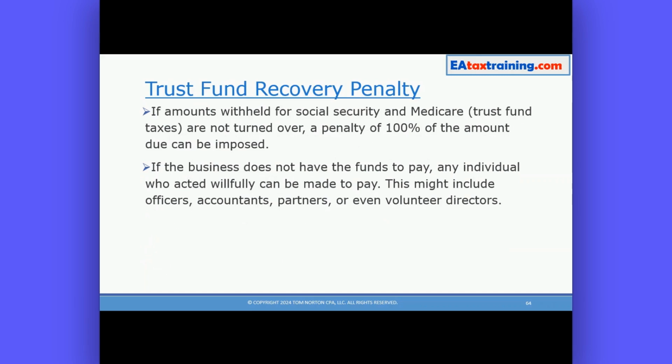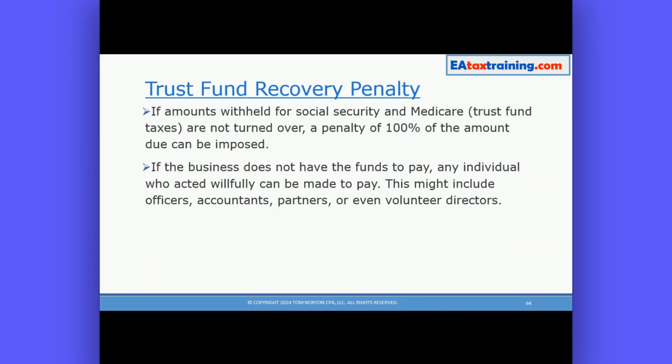This individual can include officers, accountants, partners, or even volunteer directors can be made to pay these amounts. So this is a big deal. The IRS takes this very seriously and with good reason.